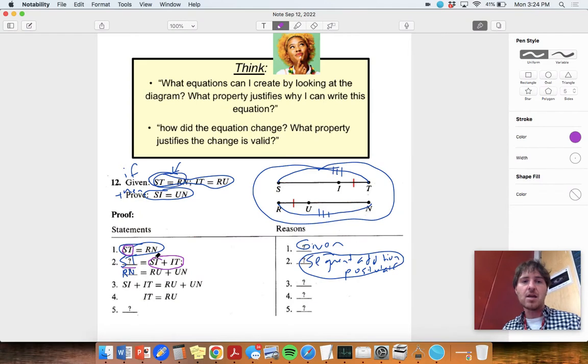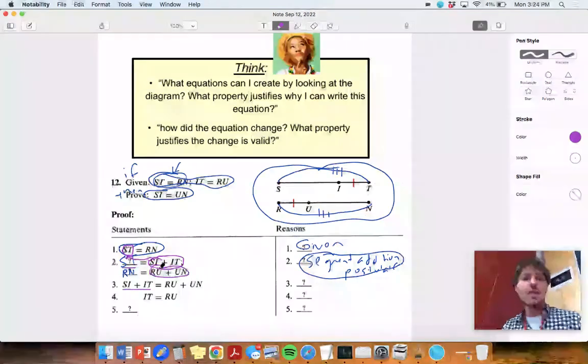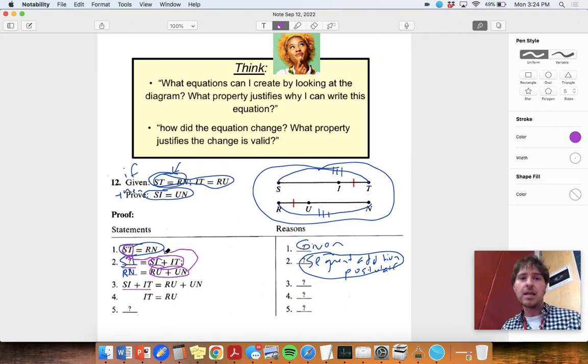So what I'm doing is plugging this into this top equation here, SI plus IT, and I'm also plugging in what RN must equal, because the segment addition postulate said it equaled RU plus UN. Math teachers use the word plugging in, but what they really mean is substituting.